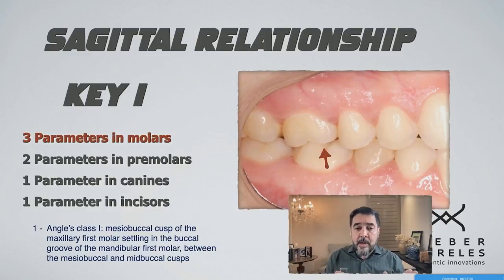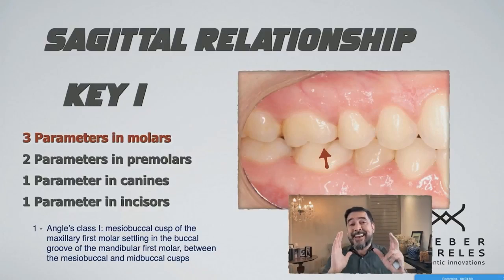Angle's class 1, the first parameter and the simplest of them, is the mesiobuccal cusp of the maxillary first molar settling in the buccal groove of the mandibular first molar, between the mesiobuccal and midbuccal cusps. This is simple. This is very common to see. And probably most of the orthodontists that I know follow this kind of analysis of the occlusion, paying attention to this point.